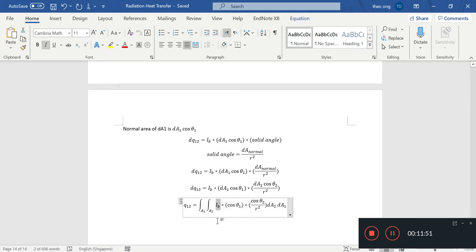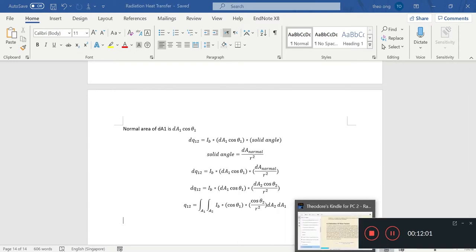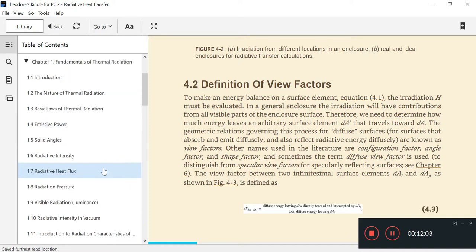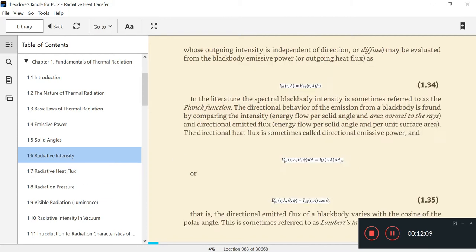And now how do we put a value to this IB? Let's go to Kindle and you'll see the textbook. You'll see radiative heat flux or radiative intensity.